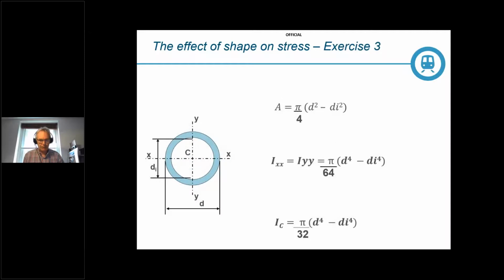And by way of another example, I'm just going to talk through this, that's the standard equation for a tube. Obviously if it was a solid bar, then DI would be 0. So if you had a bar 100 millimeters diameter and you rolled it out into a plate 10 millimeter thick, it would be about 785 millimeters wide.